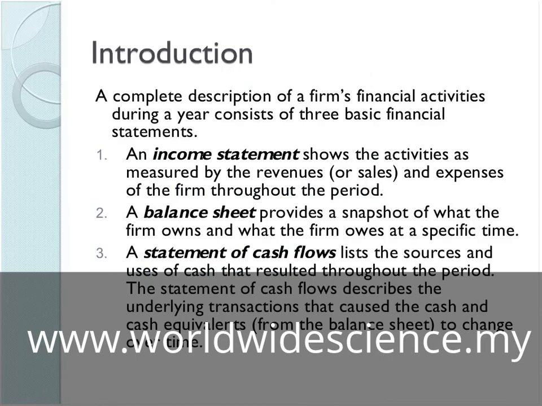Introduction: here is the complete description of the company's financial activities during a year, consisting of the three basic financial statements, as I already told you. First is the income statement, which shows the activities as measured by the revenues or sales and expenses of the firm throughout the period. That means the income statement shows us the company's revenues and expenses, right? Second is the balance sheet, which provides a snapshot of what the firm owns and what the firm owes at a specific time.